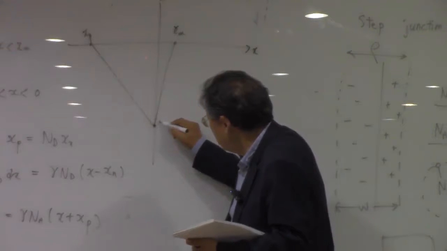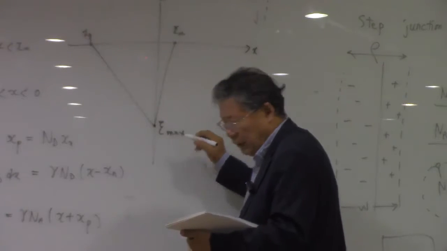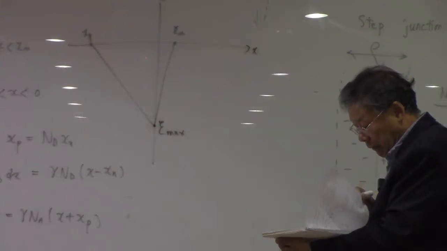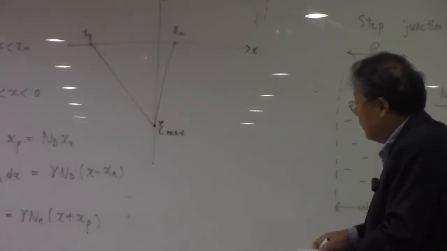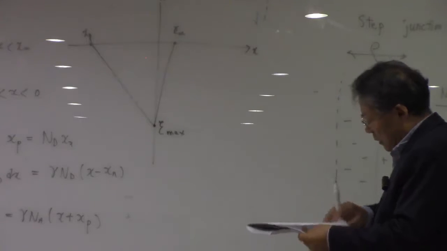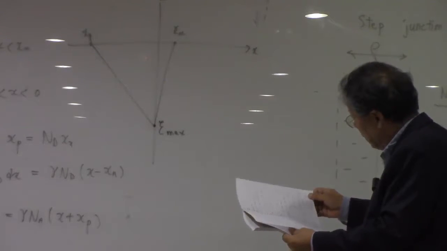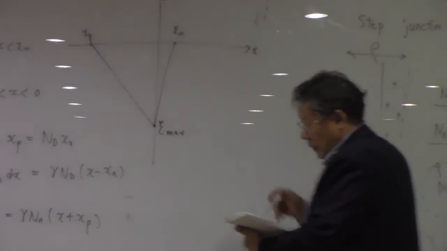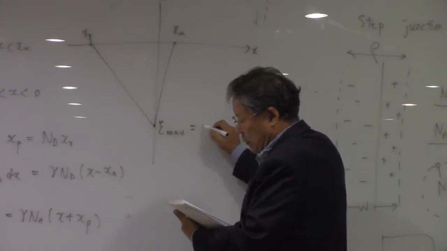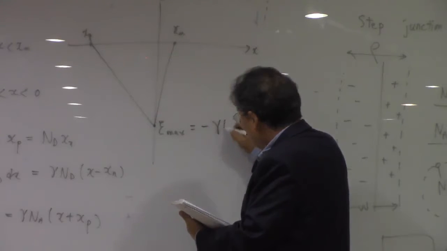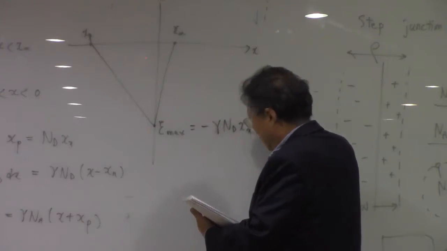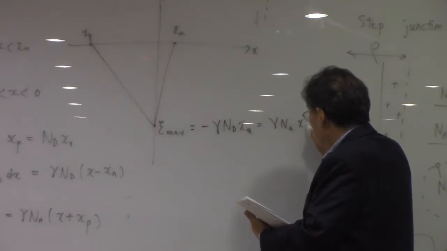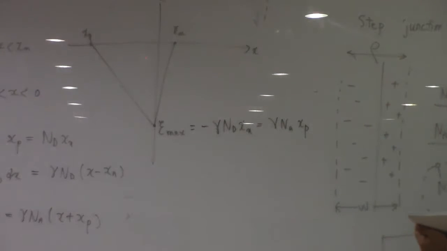And then we can set the maximum electric field here, and that maximum electric field can simply be calculated from this equation. This is minus q ND xn, and that should be the same as q NA xp, right?